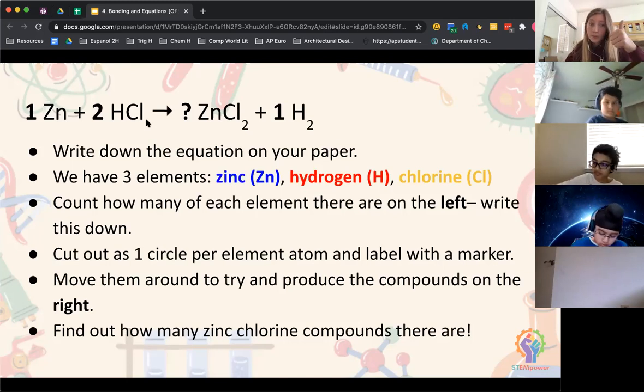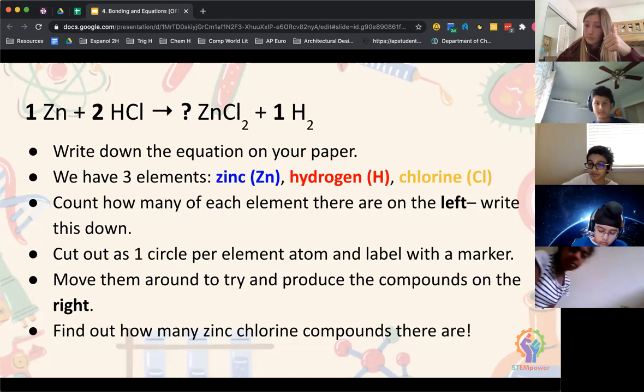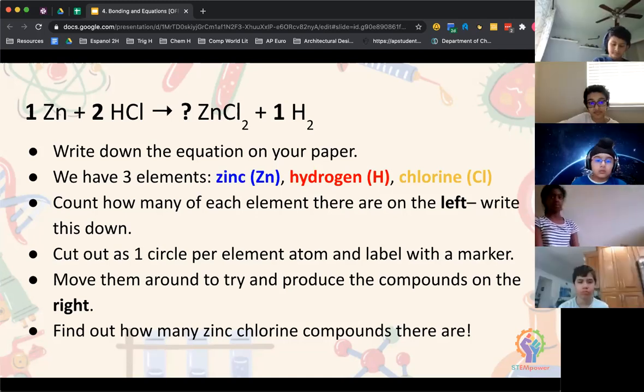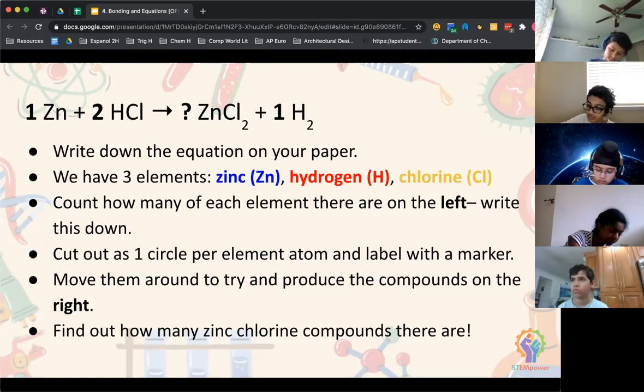Is everyone clear on what we're doing? You can unmute yourself if you have any questions. Again, we're just counting how many of each element there is on the left side of the equation. Once you're done counting, just give a thumbs up, and we'll move on to the next step.